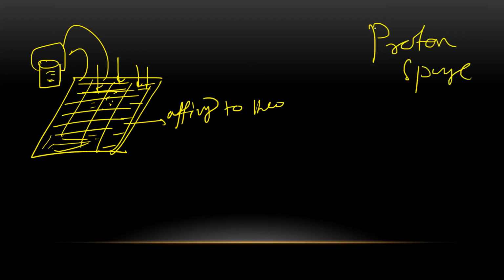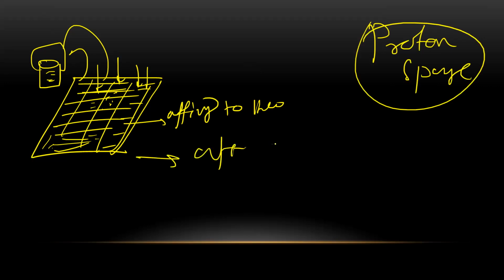Proton sponge means any type of sponge that has very high affinity to proton. Let me write it in a proper way: affinity to proton. Which type of molecule shows affinity to proton? These are basically bases.